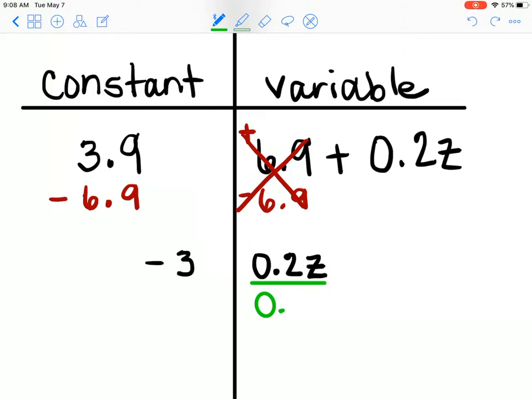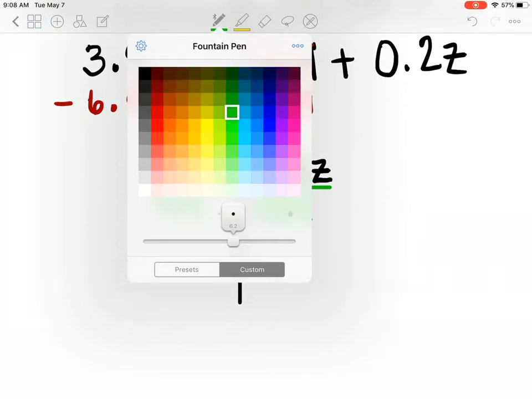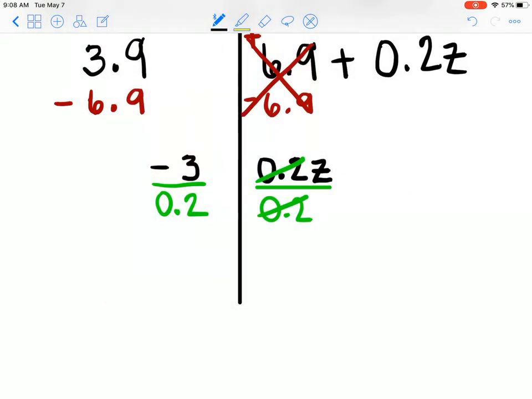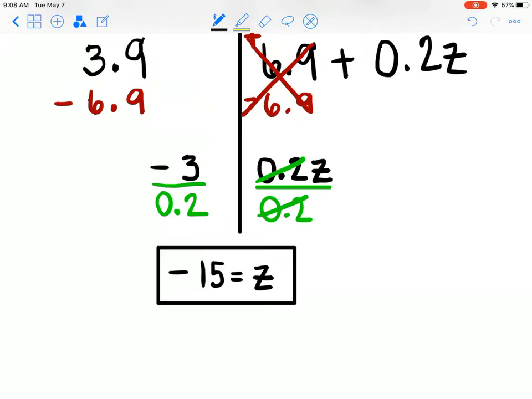And I'm still on the shape tool. But that's a very pretty 0, isn't it? 0.2. Cancel. So z equals negative 3 divided by 0.2 is negative 15. Please don't lose your negative sign. So this is the solution to the equation.